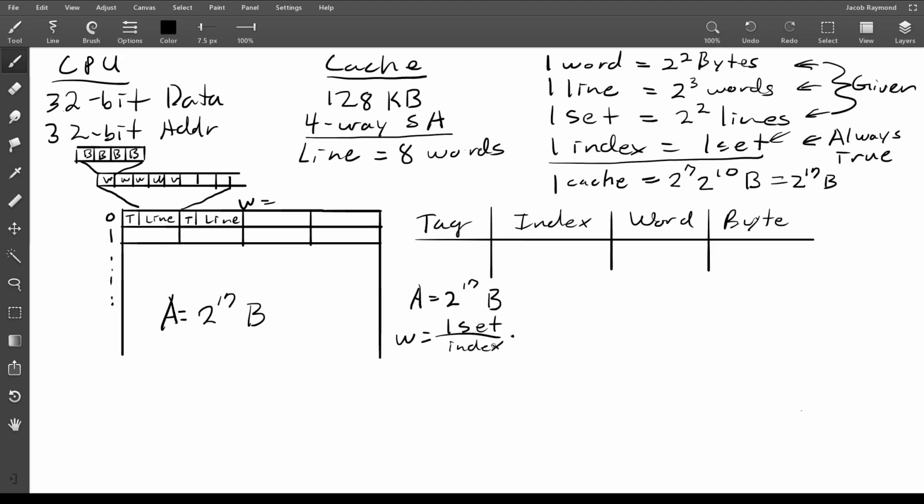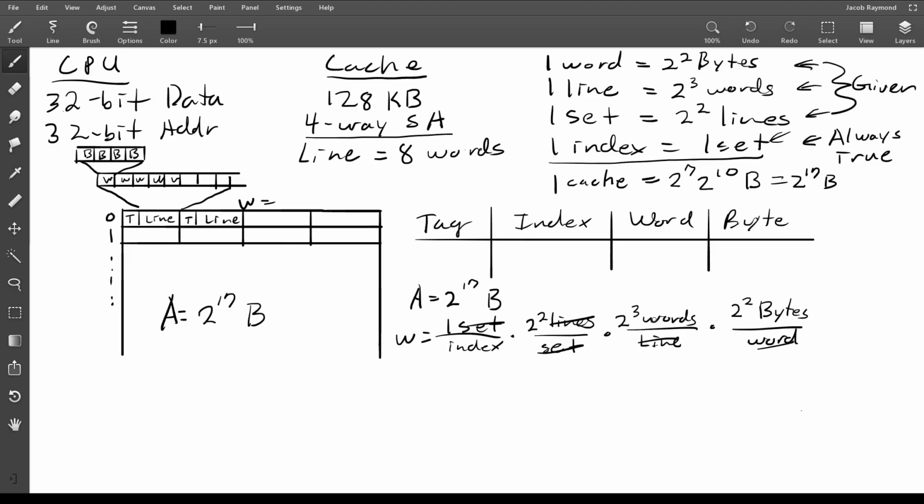So if we do one set per index times 2 to the power of 2 lines per set, now these sets cancel out. Then we have 2 to the power of 3 words per line. Now these lines cancel out. And then we finally have 2 to the power of 2 bytes per word.